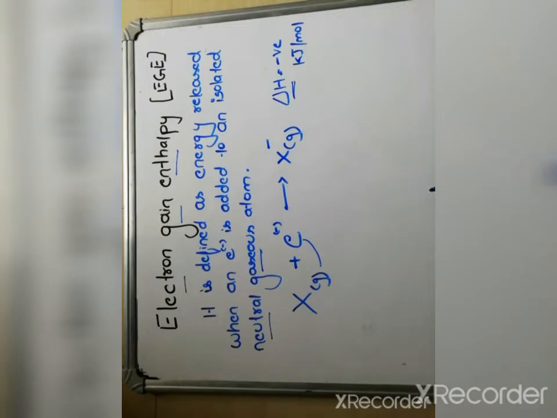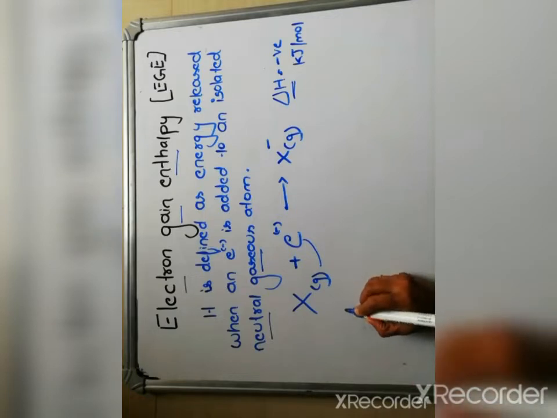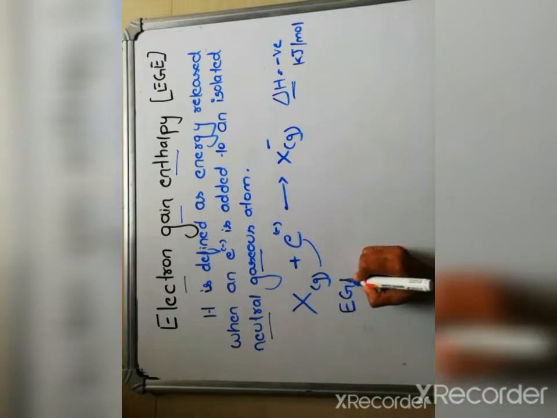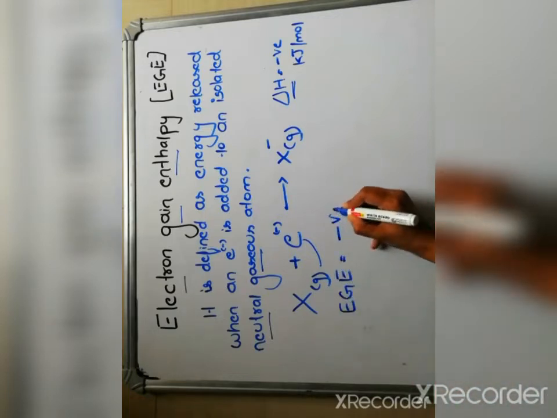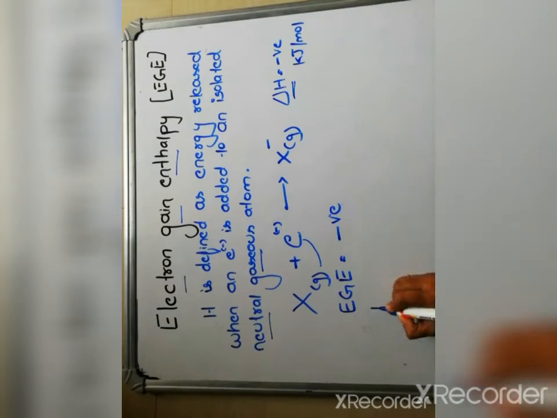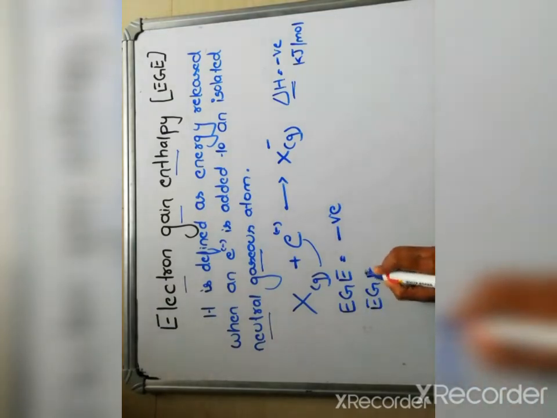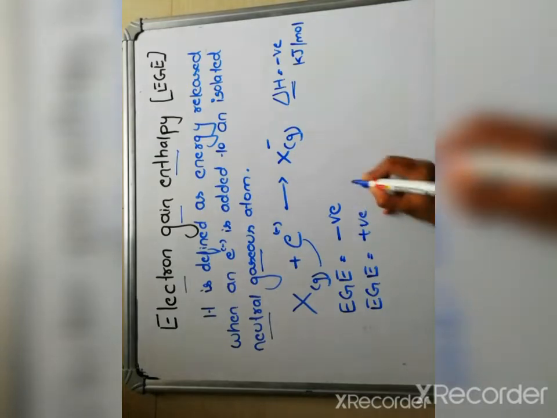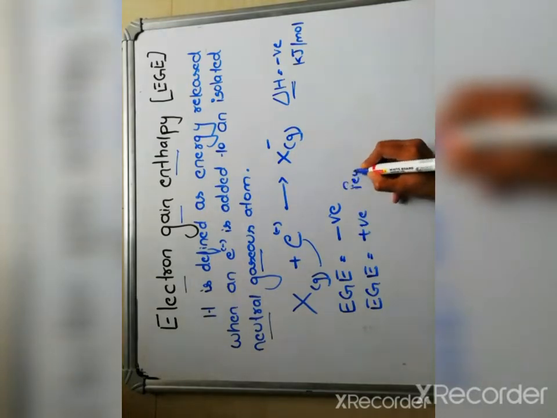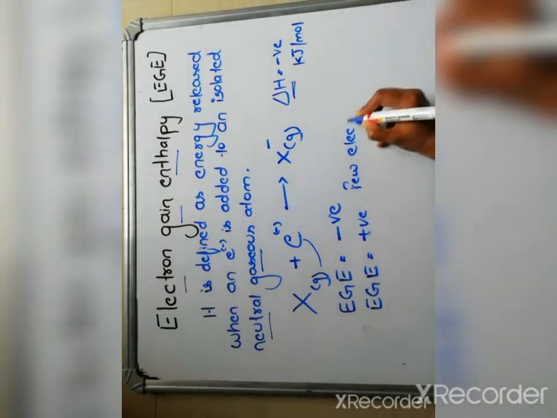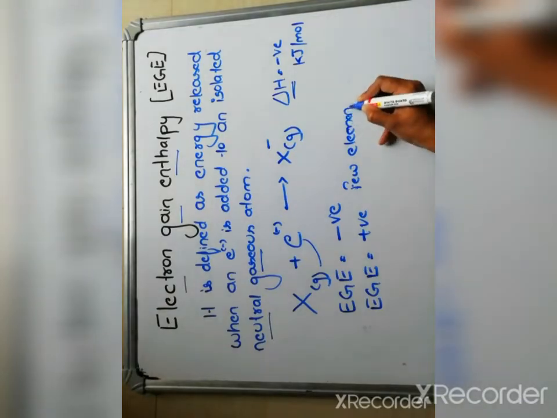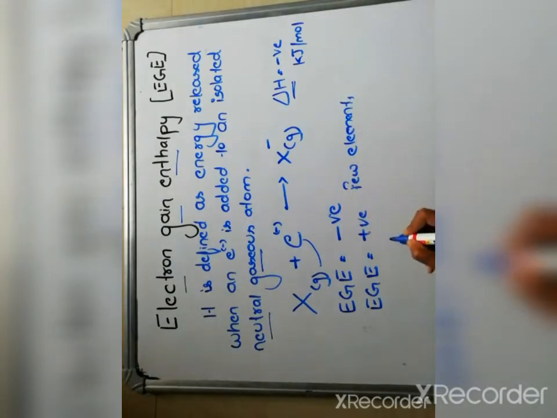But for a few elements the electron gain enthalpy is positive. For a few elements it is negative, and for a few elements it is positive. So the electron gain enthalpy may be negative or it may be positive.